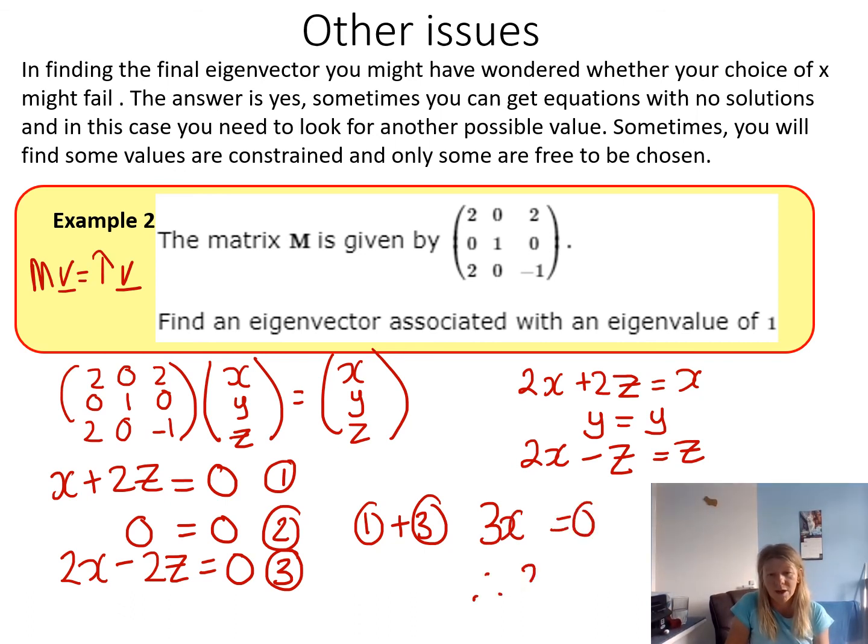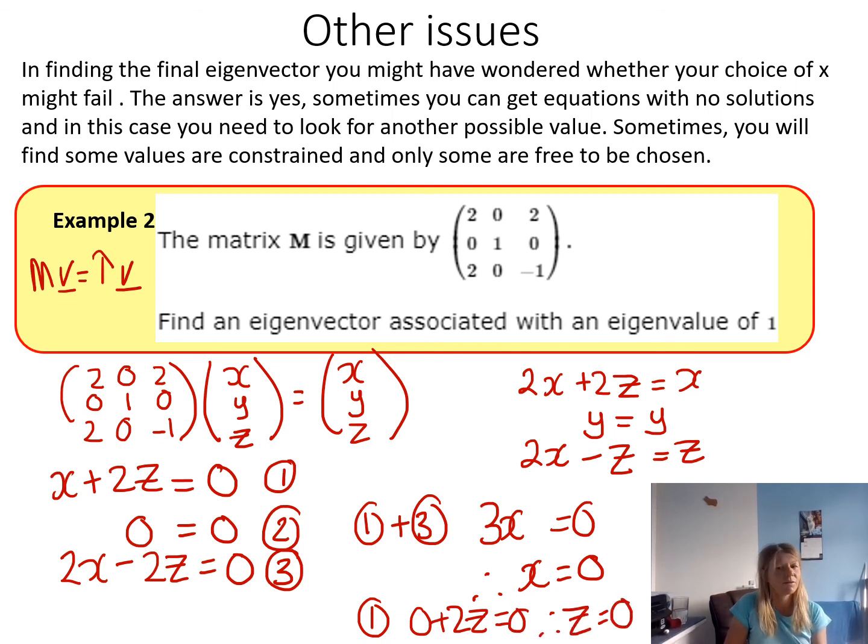So therefore x equals 0. Now if x equals 0, using equation 1, we get 0 plus 2z equals 0, therefore z equals 0 as well.